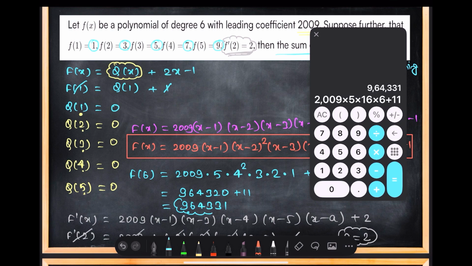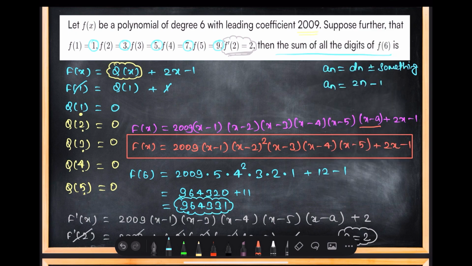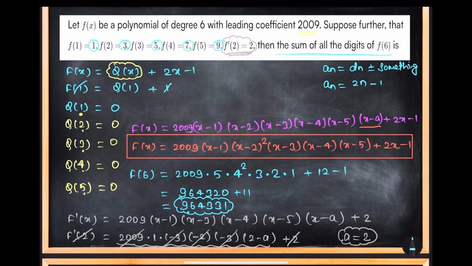Now what you have to do is the addition of digits. Sum of all digits of f6. So if you add, you will have 26. Yes, the required number is 26. I hope you got the approach, and I wish you guys can handle similar situations.